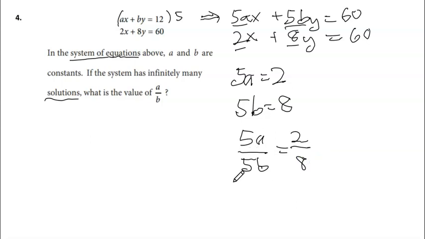On the left-hand side, I have 5 in the numerator and denominator, so that cancels out. 5 divided by 5 is 1. And on the right-hand side, I can simplify: 2 goes into 8 four times. So in the end, my answer is a over b equals 1 over 4.